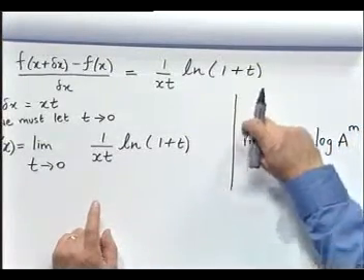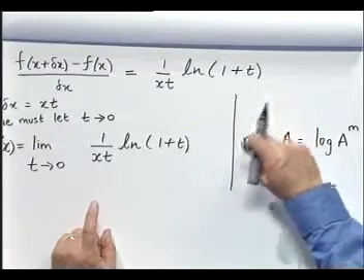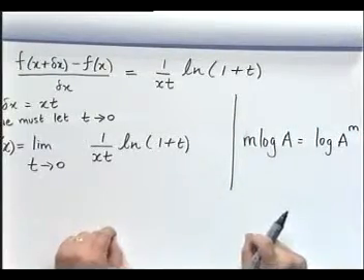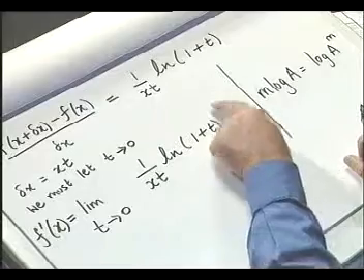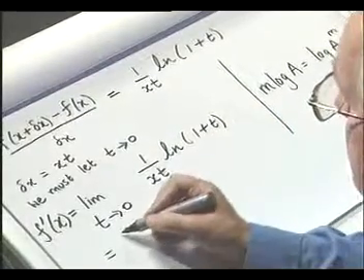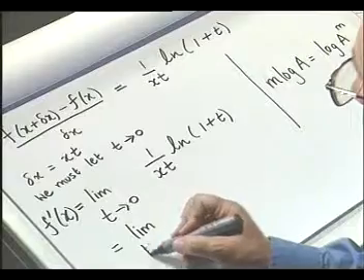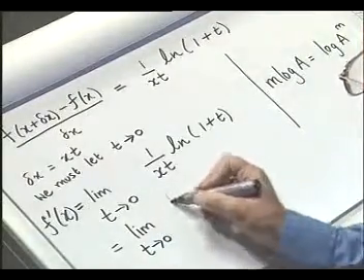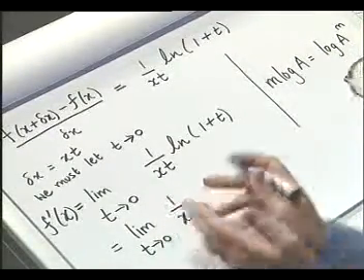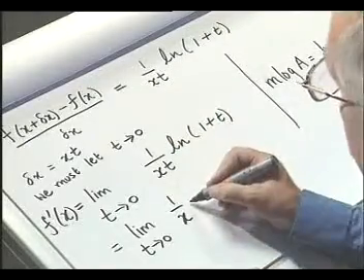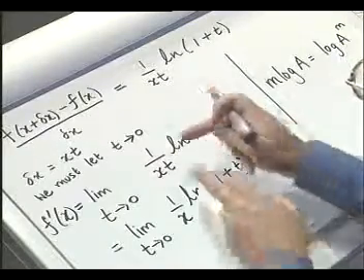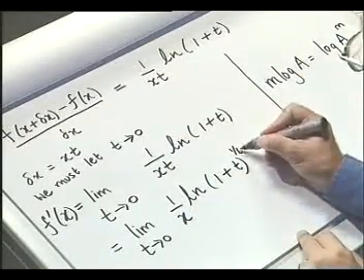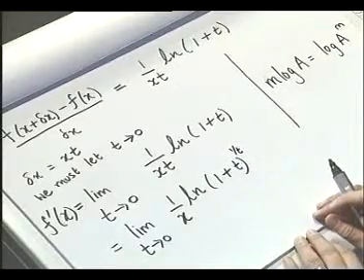The power can be written outside, or a number outside can go inside as a power. Well, we've a 1 over t outside here, and that 1 over t I'm going to take inside the logarithm as a power. So I'm going to write this as the limit as t tends to 0 of 1 over x. I'm going to leave that bit outside, but the 1 over t bit will go inside and have logarithm 1 plus t, and 1 over t inside as a power will give me a 1 over t up there.